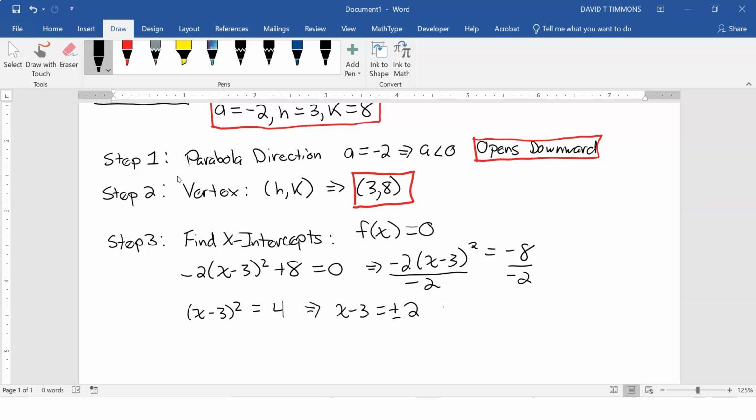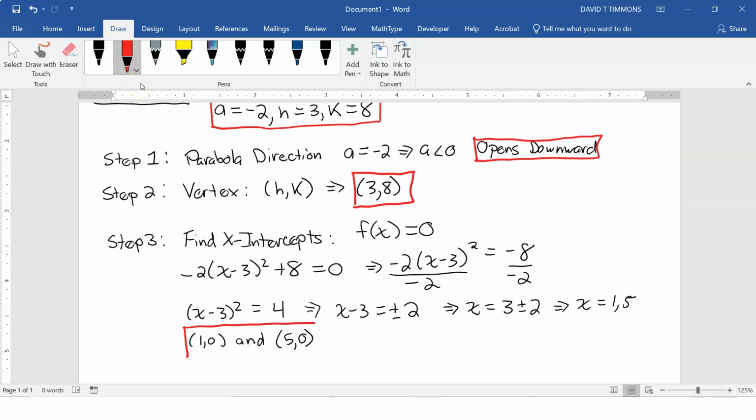And now when we solve for x, x will equal 3 plus or minus 2, which of course means x will equal 1 and 5. Now we are going to graph, so I'm going to express those x-intercepts as coordinate points. And this will be the key information from step 3, our x-intercepts.